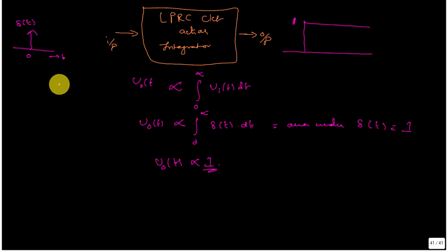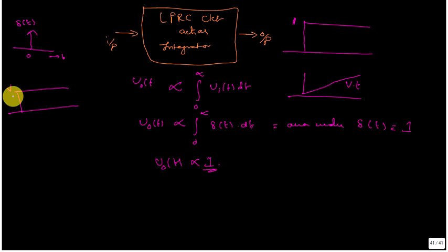Next, if you apply a step signal, then you are going to get a ramp signal, because when a constant voltage is applied, the integration is time dependent. So you will get it like this. If you applied V volts, the output is V into t.